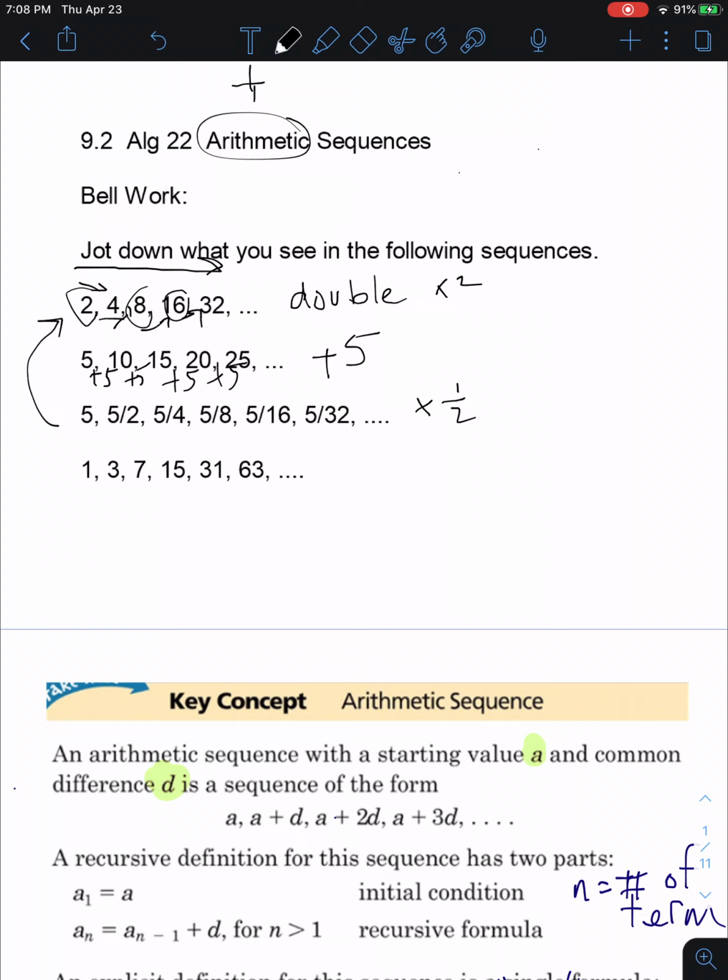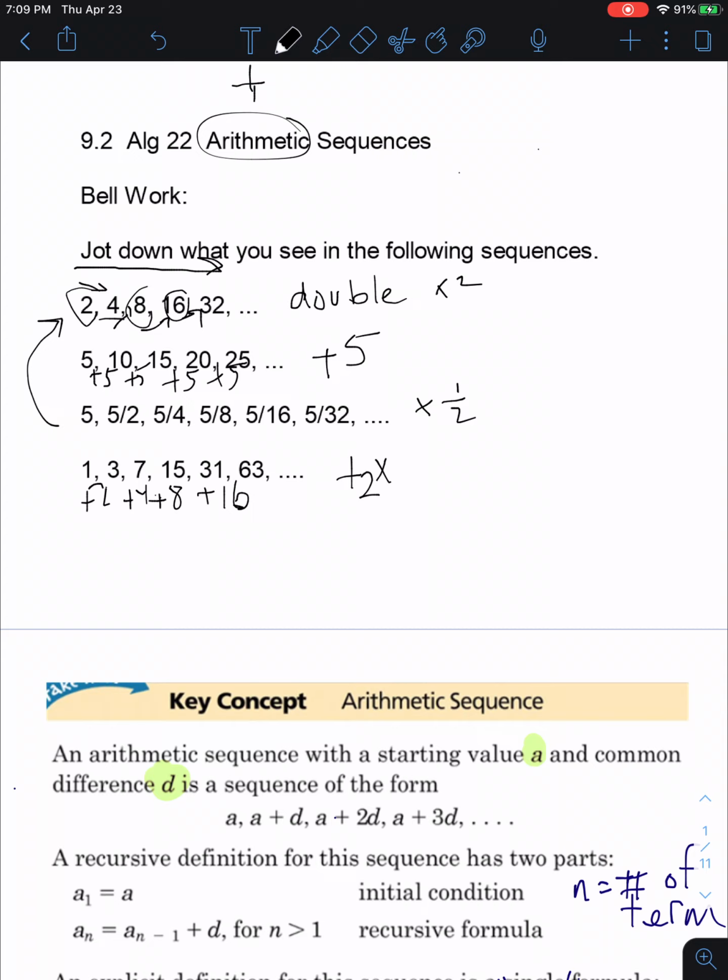Okay? Then you go 1, 3, 7, 15, 31, 63. And what's happening on this one? Well, if you add 2, add 4, add 8, add 16, you are adding a 2 to the x power.